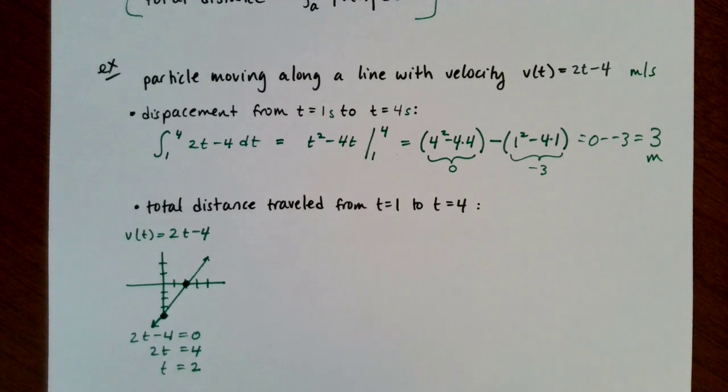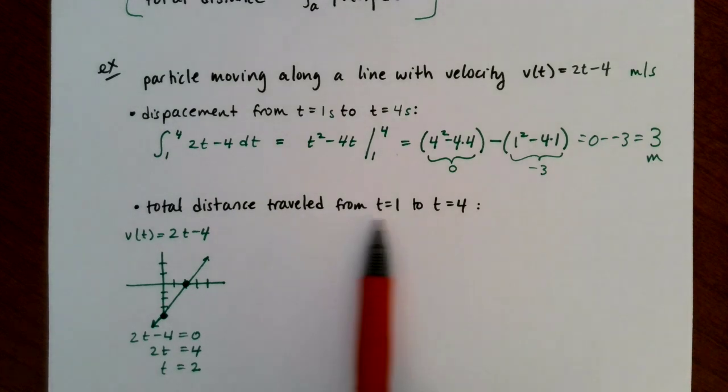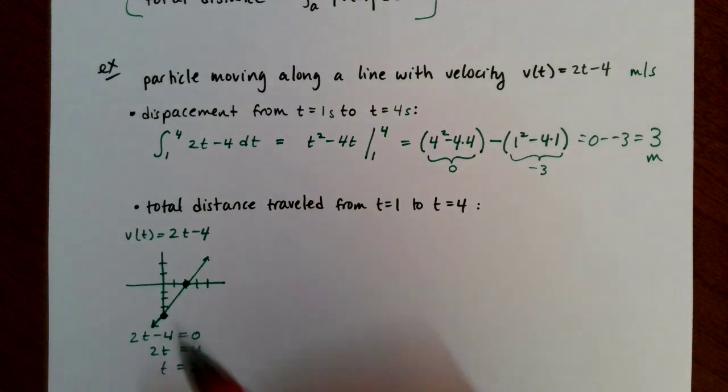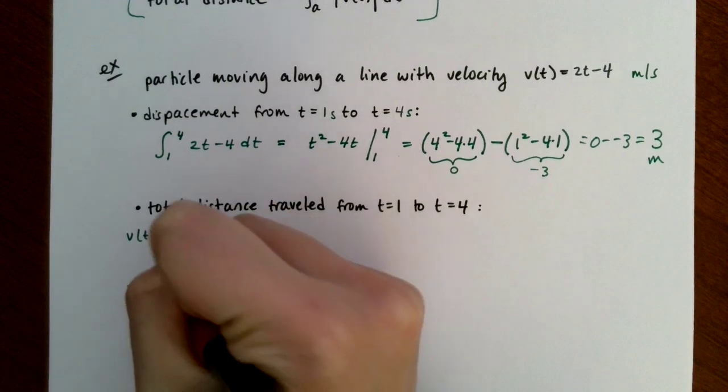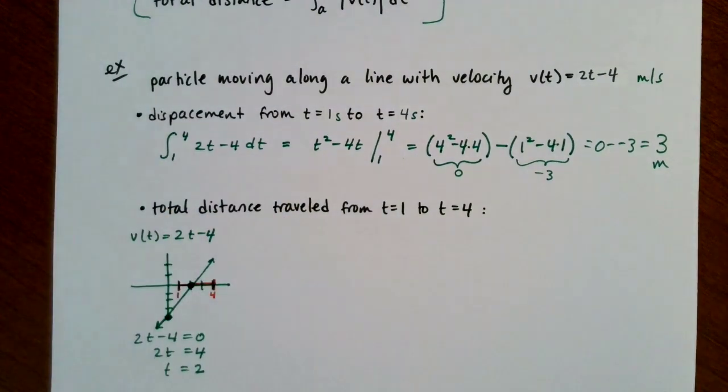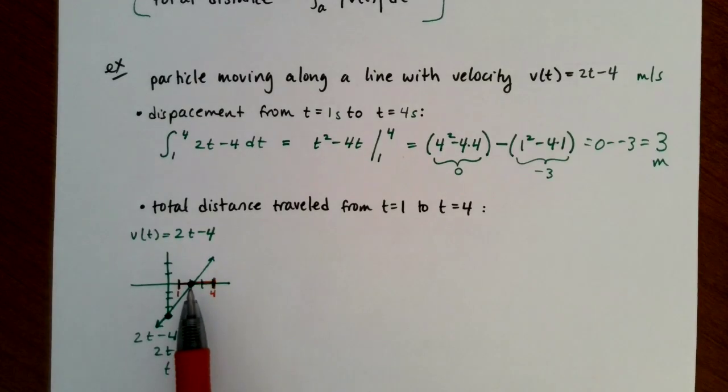All right, so the reason I needed this sketch, we'll come back to the original task here. We want to know total distance from 1 to 4. So I'm going to mark those t values in this image, 1 to 4. So we can see the little chunk between 1 and 2.